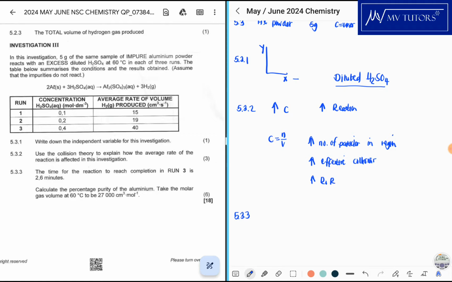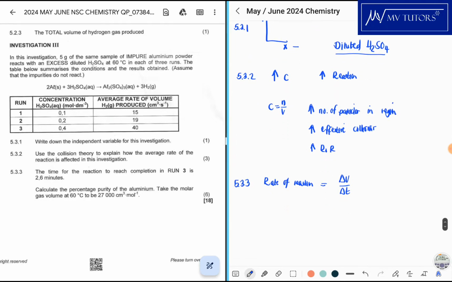So we can then say the rate of reaction is basically equal to the change in our volume over the change in time, because that's what they've given us. The rate of reaction for run 3 is actually 40 cubic centimeters per second.